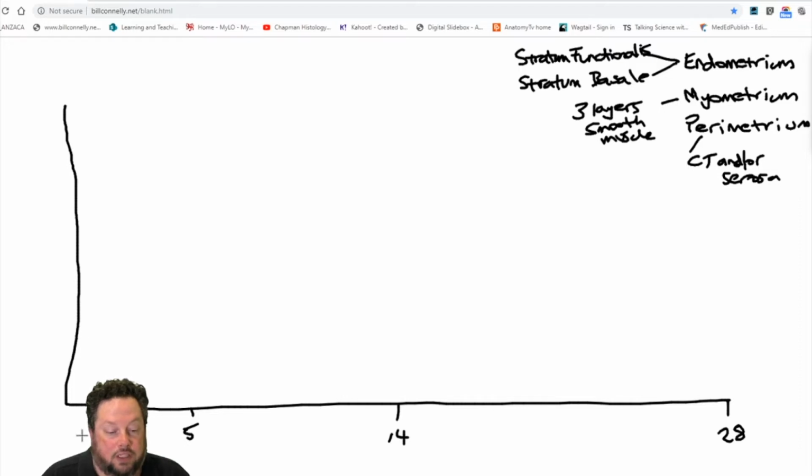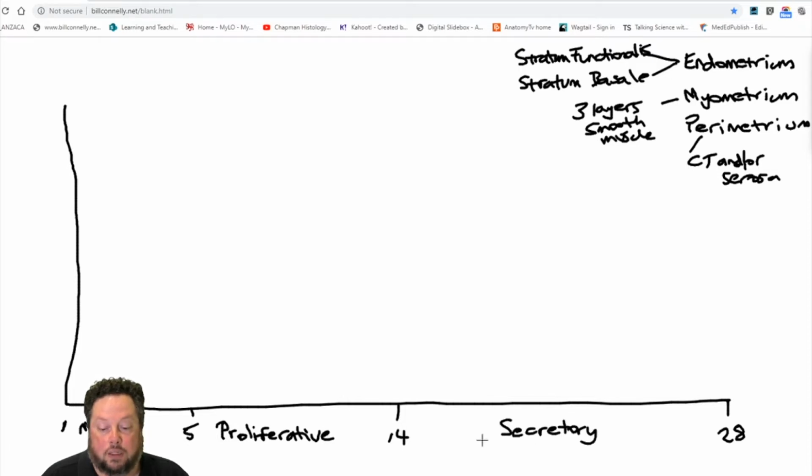The first of the phases, so the start of the first shedding of the endometrial lining is day 1 of the normal 28-day menstrual cycle, and so this is known as Menses. Then as that regrows, it becomes part of the proliferative phase. And then over here we actually have the secretory phase of the menstrual cycle.